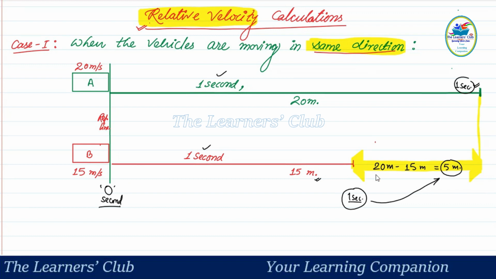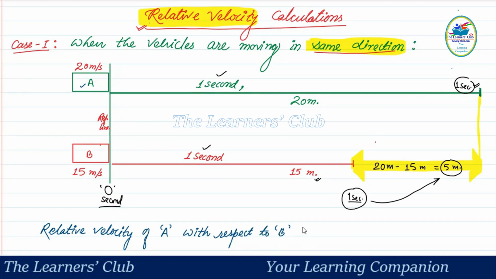That's why practically what we could understand is that in this case, therefore, relative velocity of vehicle A with respect to vehicle B. Vehicle B is written as B. Vehicle A is written at first, so in symbol also write first A and B at last.